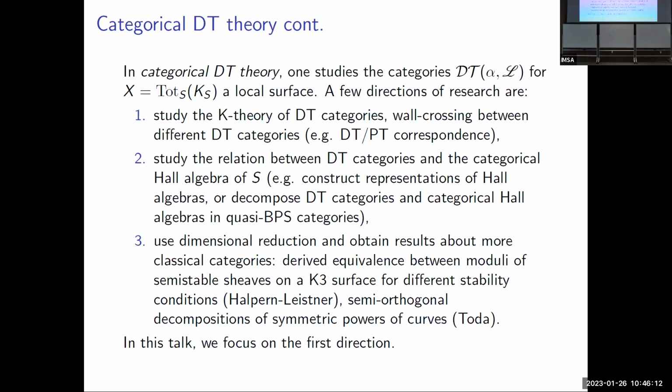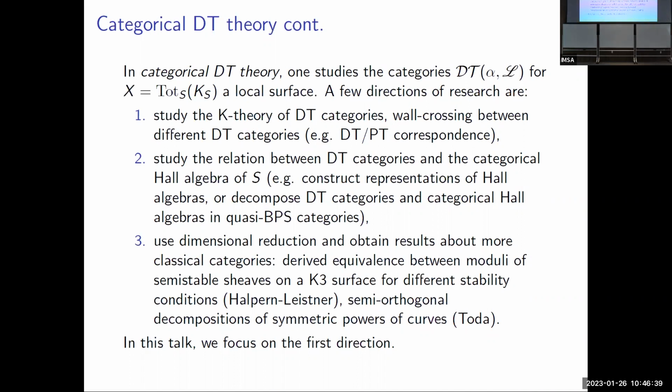Another one is to understand the relation between DT categories and Hall algebras. I said that these Hall algebras appear when you have strictly semistable objects, and the way you should think about them is that these are positive halves of some interesting quantum groups, which should be vast generalizations of the known quantum affine algebras.